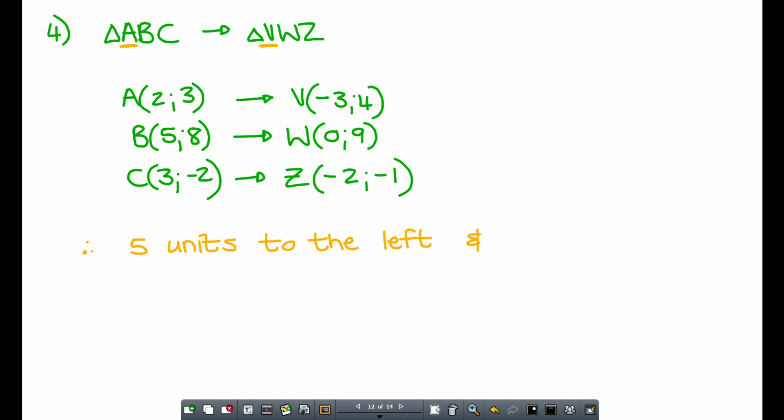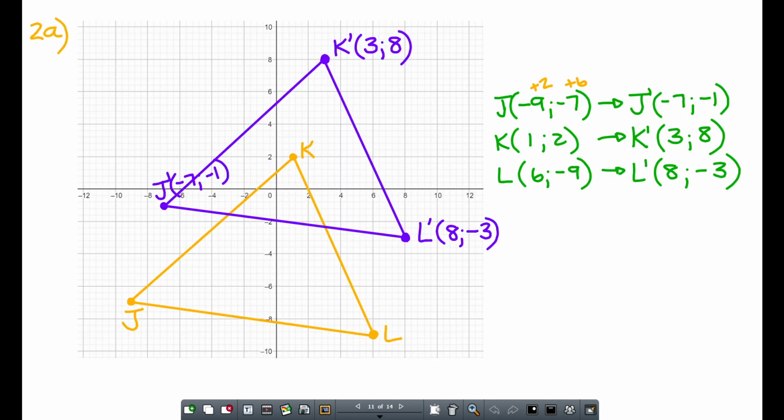Okay, now let's look at the Y values. It was 3 and now it's 4. 1 unit up. Good. Okay, that's it. Any questions there? Yeah. To the previous slide, that one. Okay.